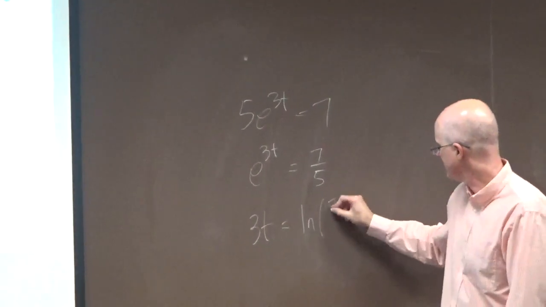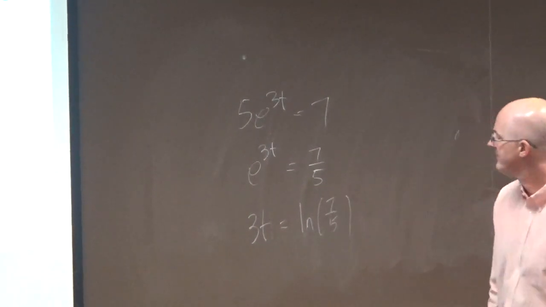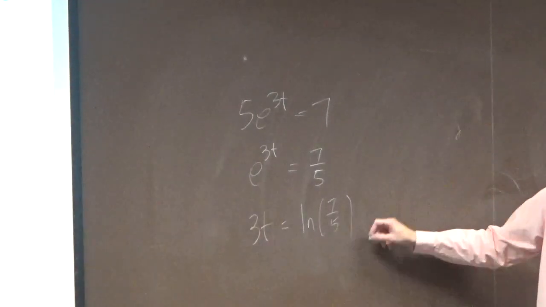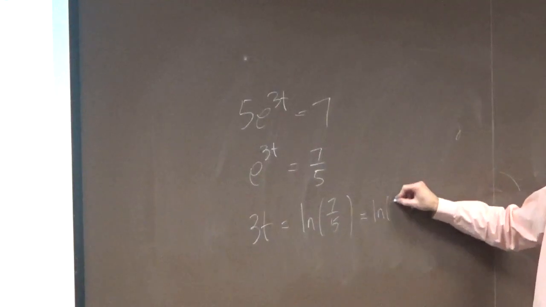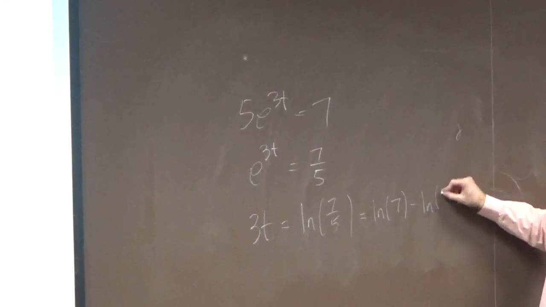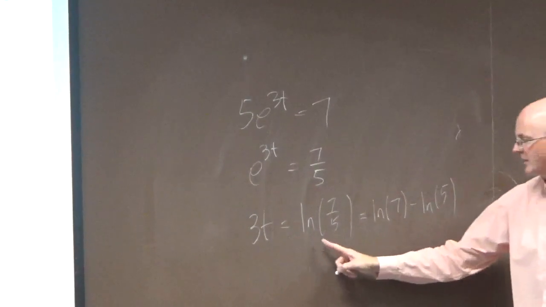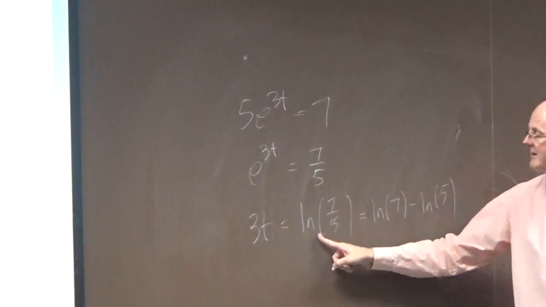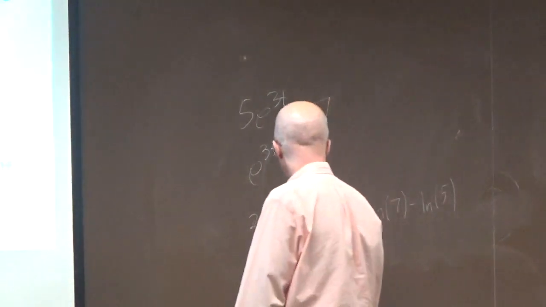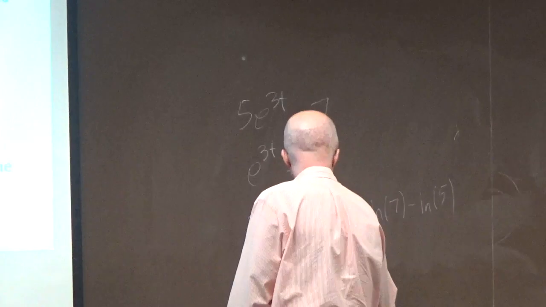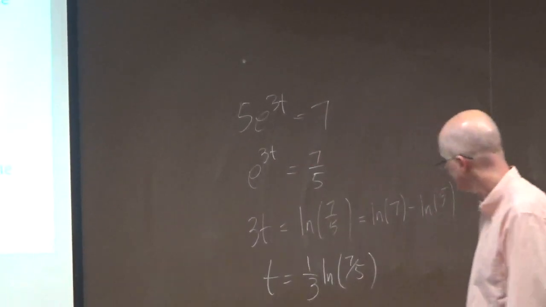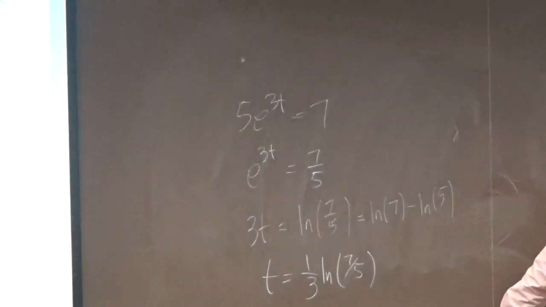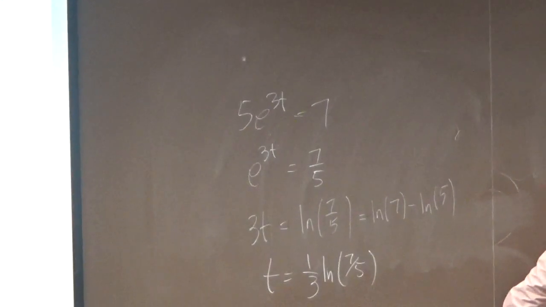On the left, that's natural log of 7/5, which you can leave like this, but if you want, you could use a property of logarithms to write it as natural log of 7 minus natural log of 5. As far as your calculator goes, it's probably better to leave it this way, if you want to approximate it. Divide both sides by 3. This is 1/3 natural log of 7/5. And that will be a small positive number for the answer.